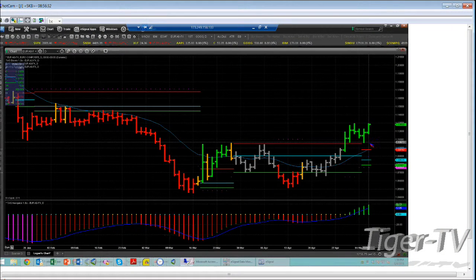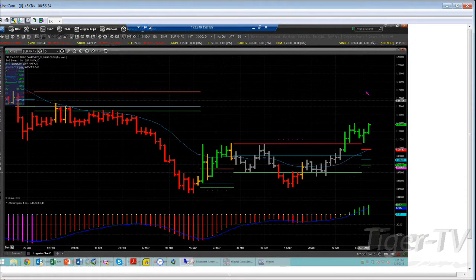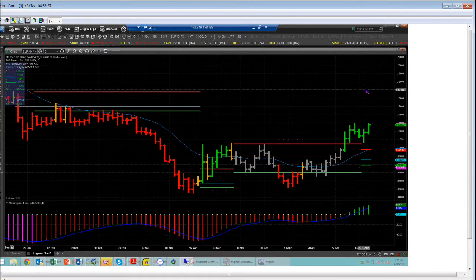When we have profiles appearing above price action, let me go back and pull our charts up here correctly. Are we looking at the right screen now? Okay, so when we have profiles appear below price action, that's very, very bullish. Vice versa, when profiles are appearing above current price action, that's very, very bearish.